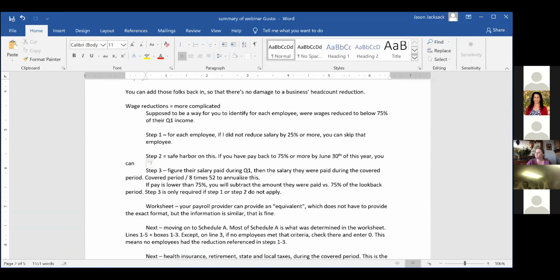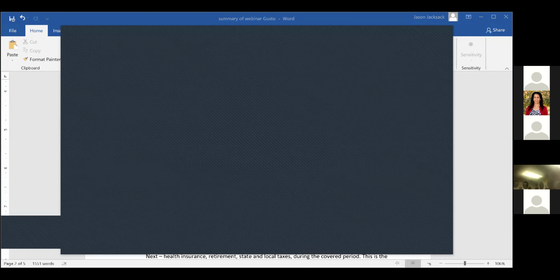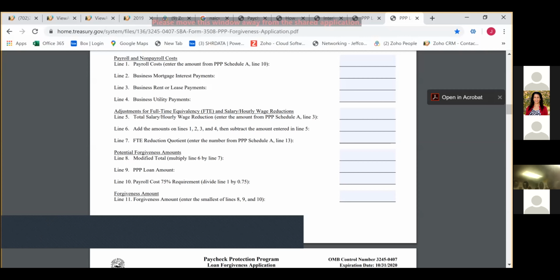If there is more than one person, it has to go into line 5. Okay, so Jason, am I correct that they can only use the 15,000, or is that 15,000 per pay period?